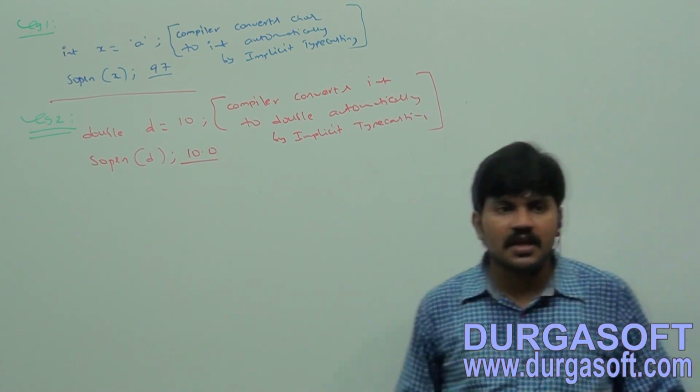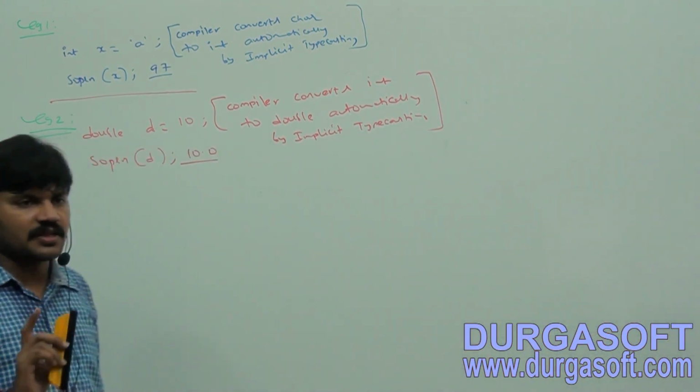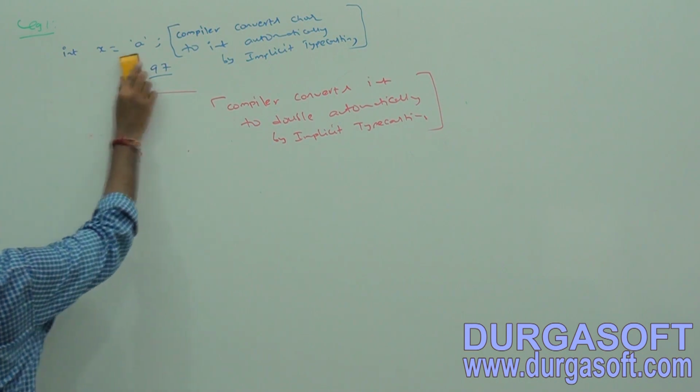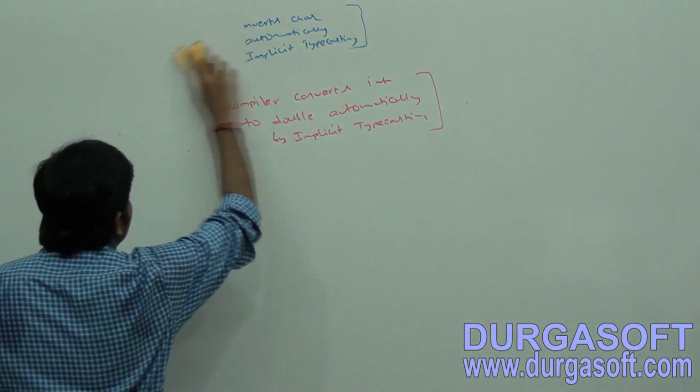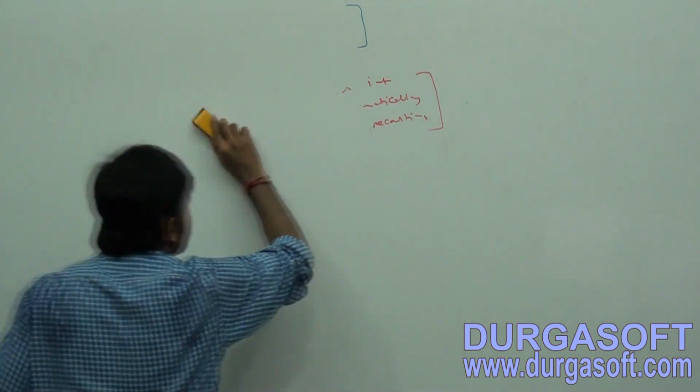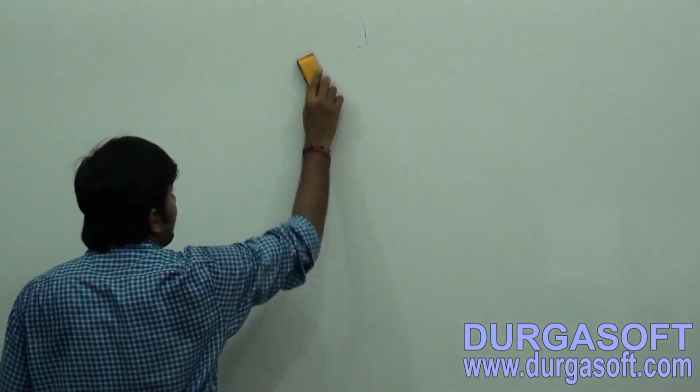Such a type of typecasting is explicit typecasting, right? Okay, now keep the subheading explicit typecasting.